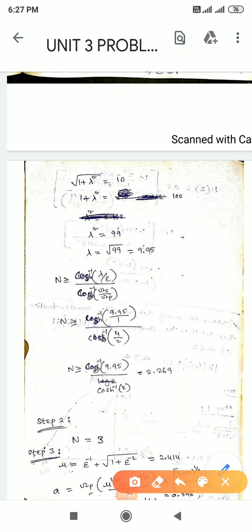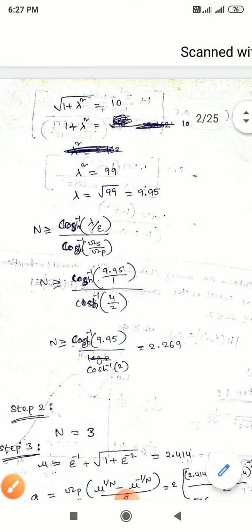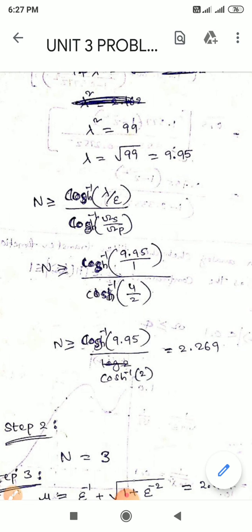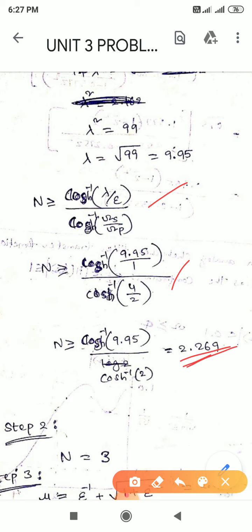We are substituting lambda, epsilon, omega s and omega p in this equation and simplifying the right hand side value. This value is equal to 2.269. But the order of the filter, capital N, is an integer value.